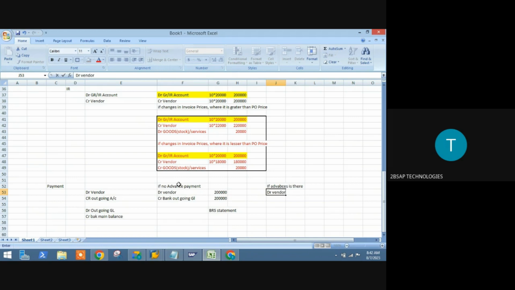In our case, we already have 40,000 advance, so I'm going to pay 1,60,000 and credit bank outgoing GL 1,60,000. Okay, this is the payment you are going to do.